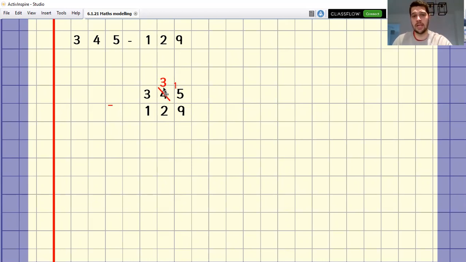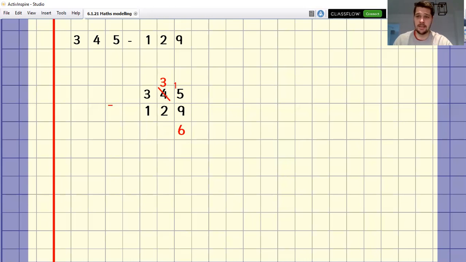So instead of 4 10s, I now have 3 10s. And instead of 5 1s, I now have 15 1s. And now it should help me complete my question. So 15 1s take away 9 1s is 6 1s. My 3 10s, not 4 10s, because I've changed that.